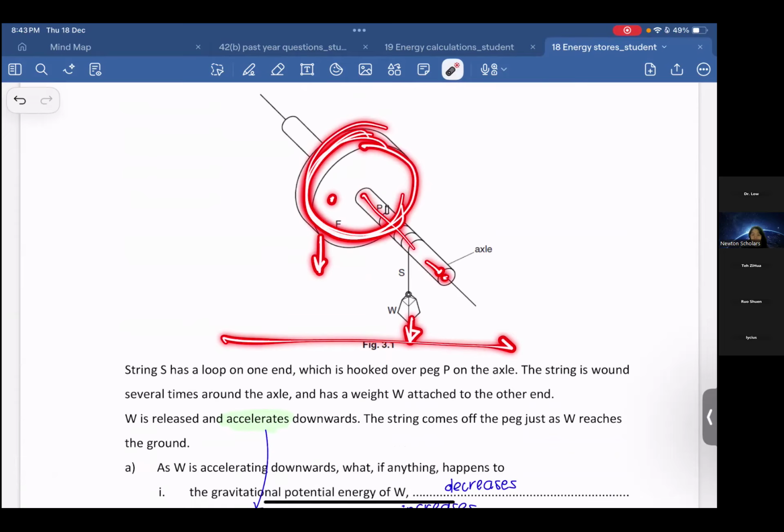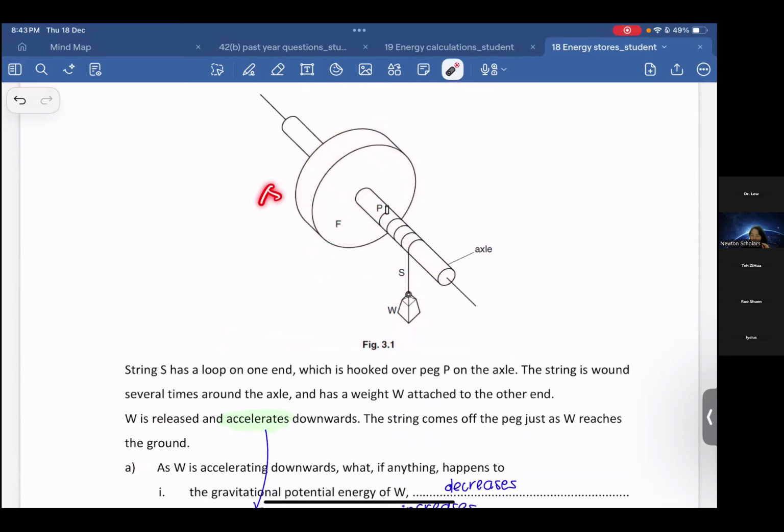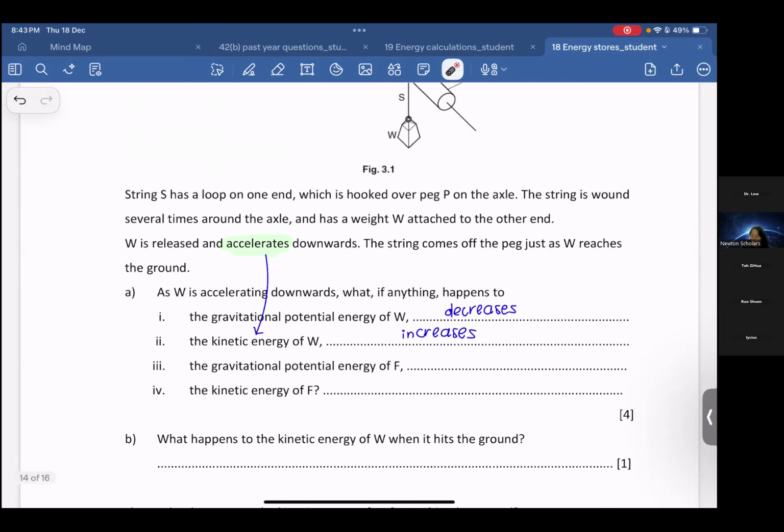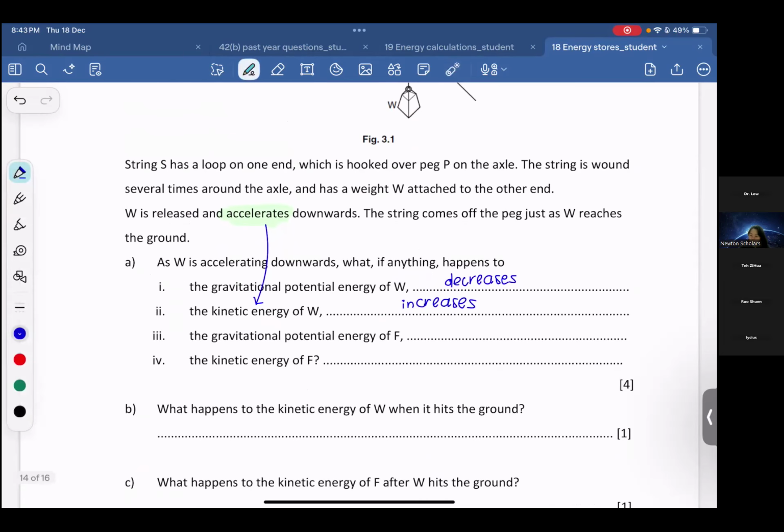When it moves downwards, it makes F rotate, but it doesn't decrease the position. So we cannot say that GPE increases or decreases. It's actually constant, nothing changes. It remains the same.